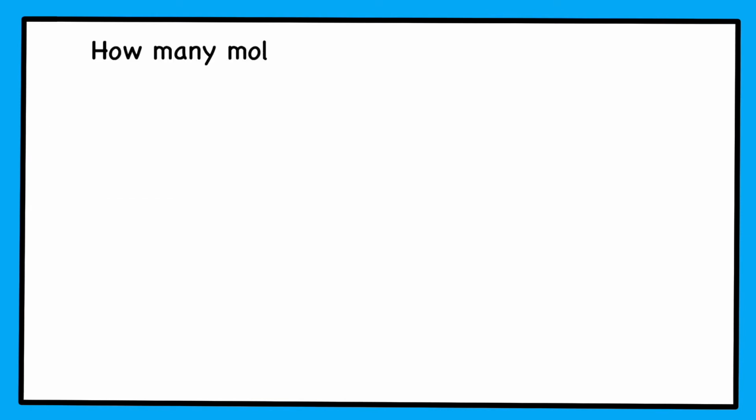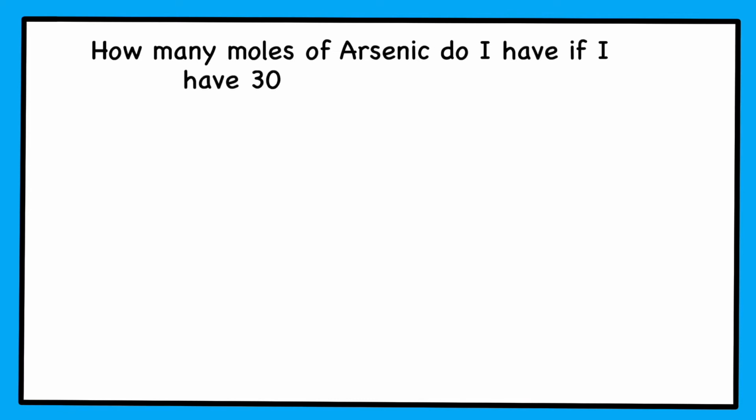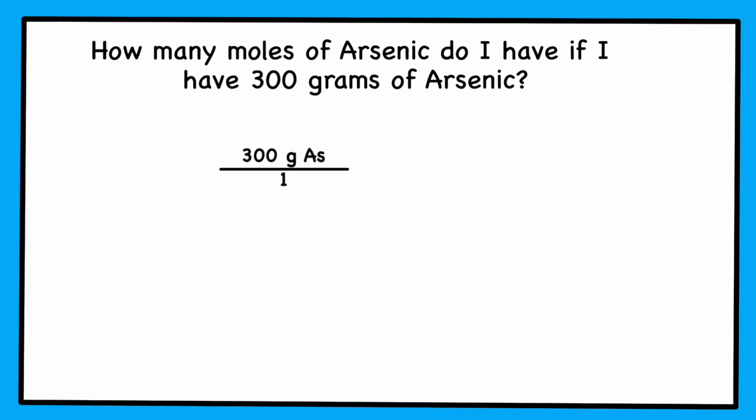How many moles of arsenic do I have if I have 300 grams of arsenic? Okay, so my first step is going to put 300 grams of arsenic over 1, and then I'm going to multiply it by 1 mole of arsenic over X grams of arsenic. This X grams is my atomic mass. I go look at my periodic table and I see arsenic's atomic mass is close to 75 atomic mass units.